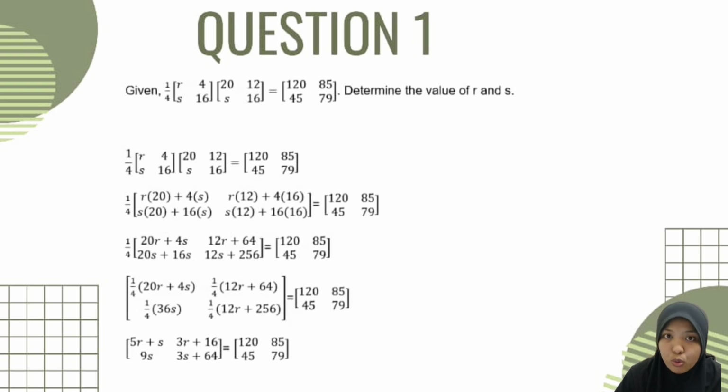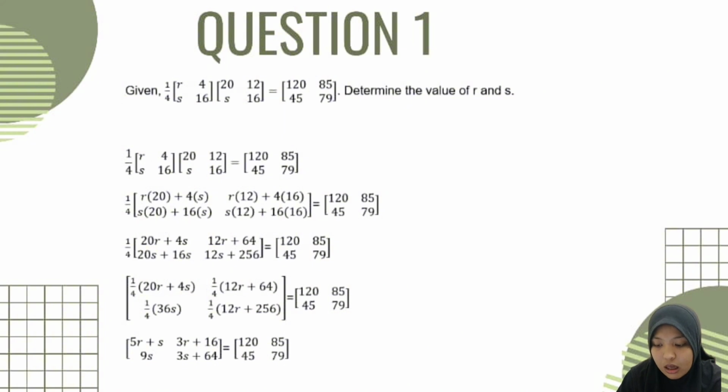For row 2, I multiply S by 20 plus 6 multiply S, so S multiply 12 plus 6 multiply 16, equal to matrix [120, 85; 45, 79].